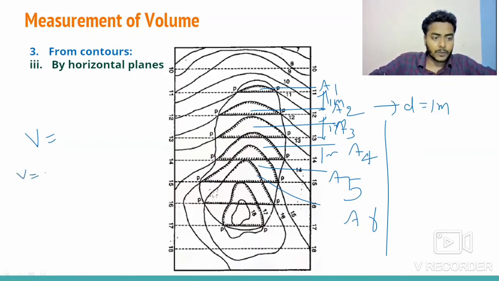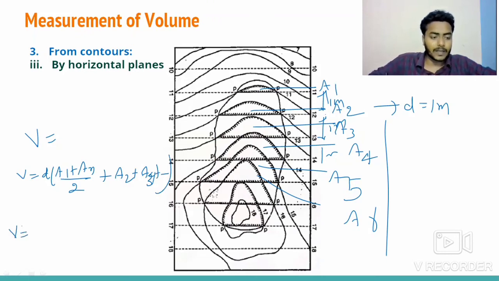The trapezoidal: V is equal to D into (A1 plus An) by 2 plus A2, A3, and so on. And for the pyramidal, we can write D by 3 into (A1 plus An plus 4 into A2 plus 2 into A3).